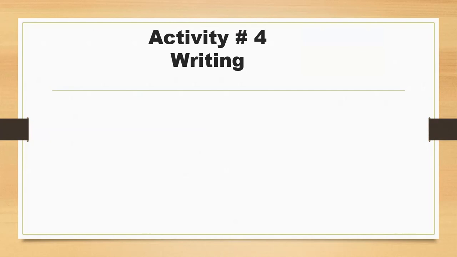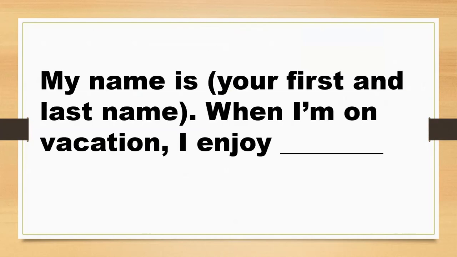If you don't have a mirror, use your cell phone, go into photos, and reverse the image so you can see yourself. Put it by the piece of paper. I want you to write the prompt. Write complete sentences and fill in your first and last name. When I'm on vacation, I enjoy. And remember to look at the image, not your paper.